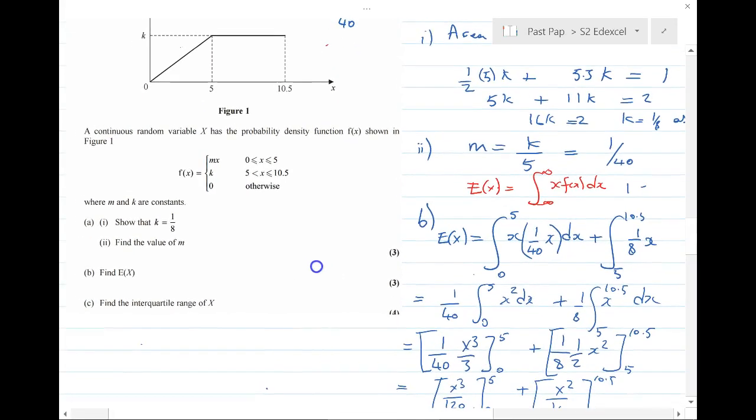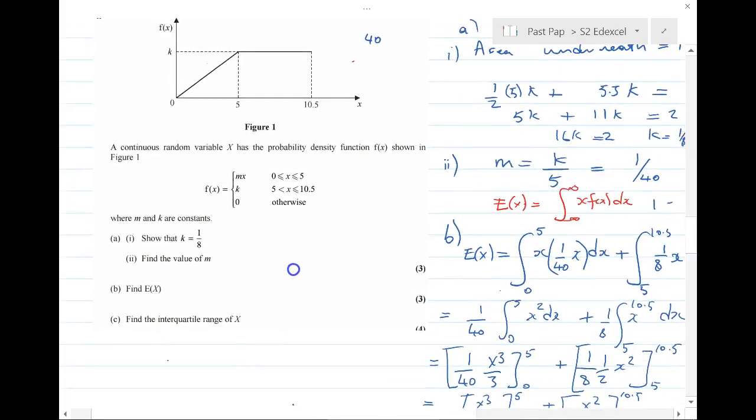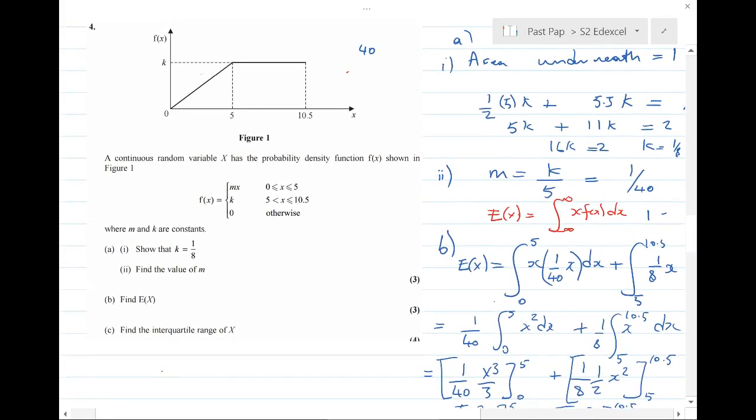Last part, find the interquartile range. Now, I suppose many of you might be thinking of the CDF, of working out the CDF and using the fact that F(Q1) is equal to 0.25 of course, and F(Q3) is equal to 0.75.